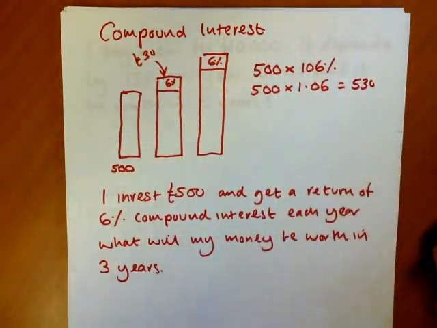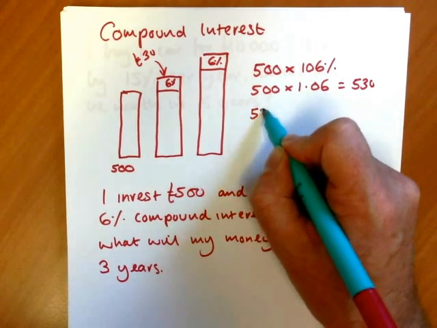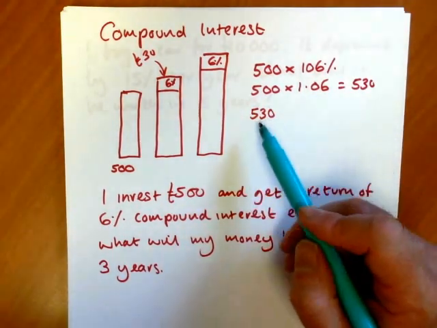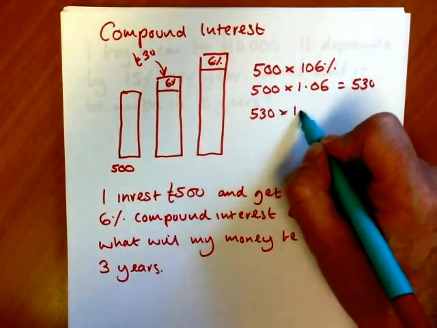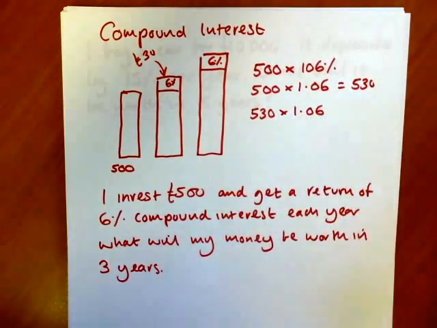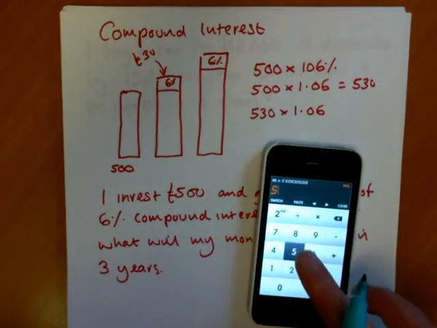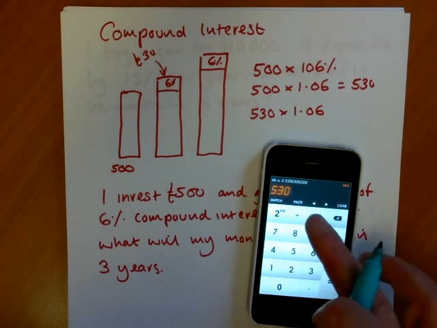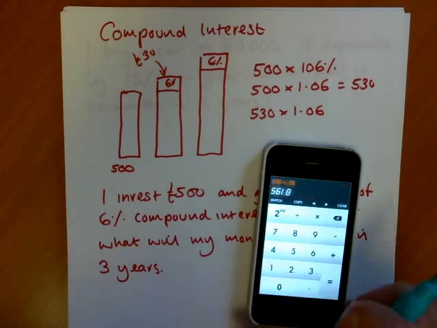Now, for the second year, I'm doing 6% again on top of what I had at the end of the first year. And my money was worth £530, so I'm going to get 6% on top of that. And that's going to be more than £30. So I'll have a look at what that gives us. 530 times 1.06 equals.